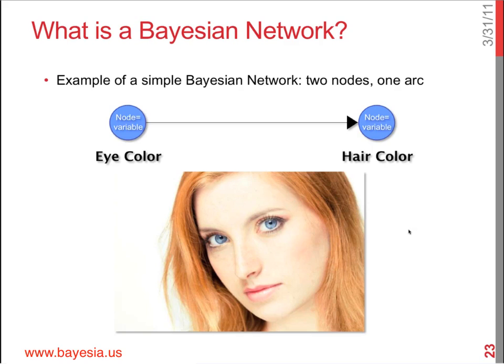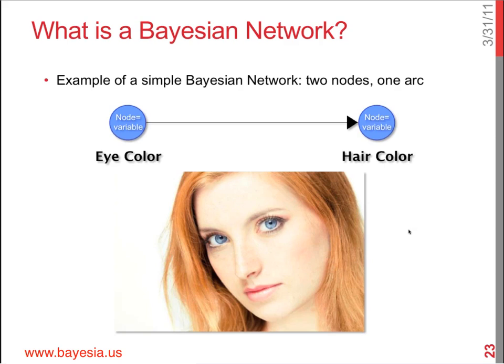Imagine we took a survey of all participants in this webinar and asked about their hair color and their eye color. We would look at two random variables that represent the distribution of eye color and hair color. In the Bayesian network context, variables are represented as nodes. Here they are symbolized as blue dots.